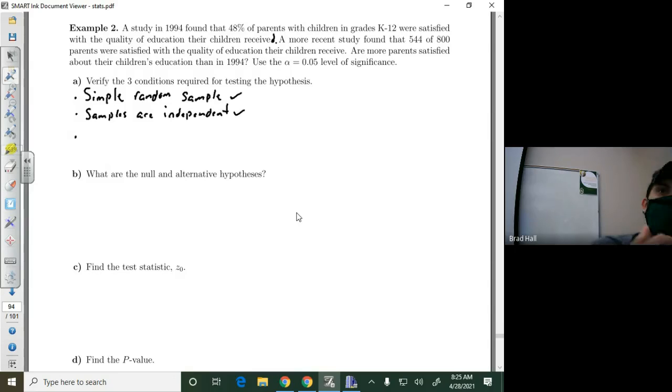And then the third one is the one we need to test. This is asking, is n p0 (1 minus p0) greater than or equal to 10?